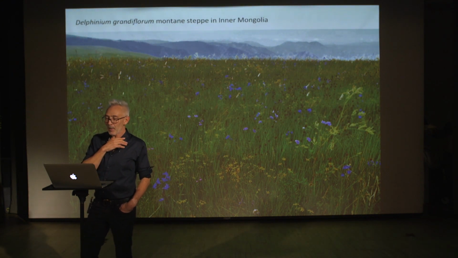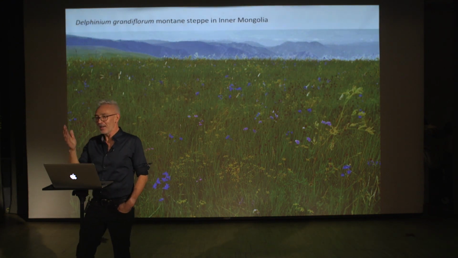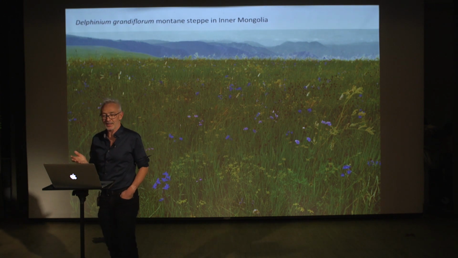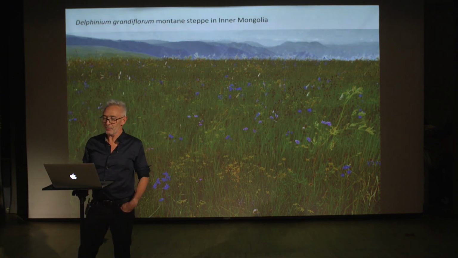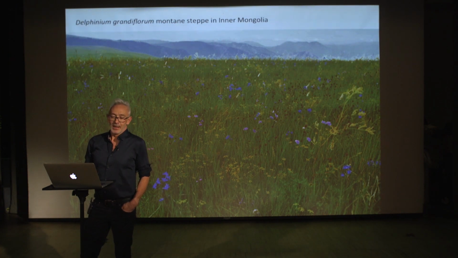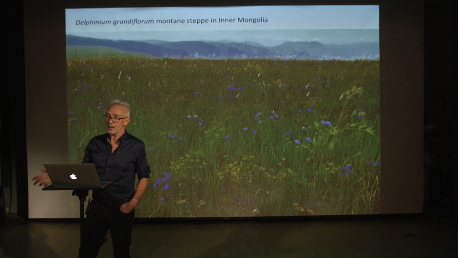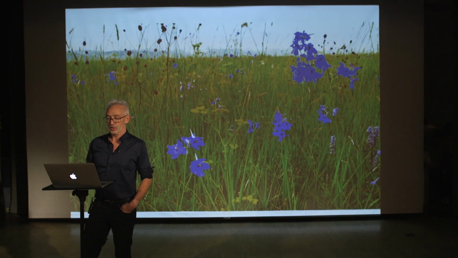We rather damaged a lot of it with our rugs, but anyway, hey ho, that's life or that's death. So Delphinium grandiflorum. By seeing that, I'd never seen Delphinium grandiflorum in the wild before. I've worked with it lots of times, but now I have a much better sense of what it is as an organism and how it functions. And what a creature.